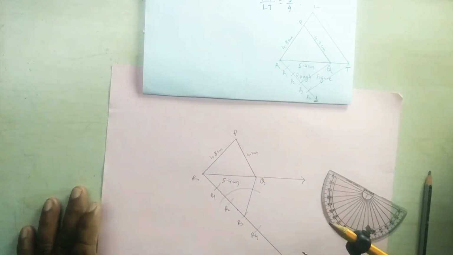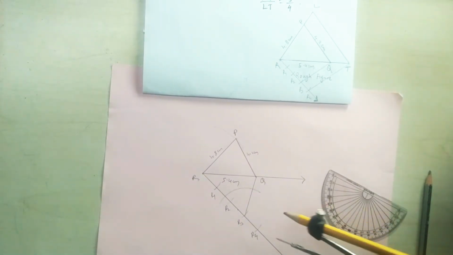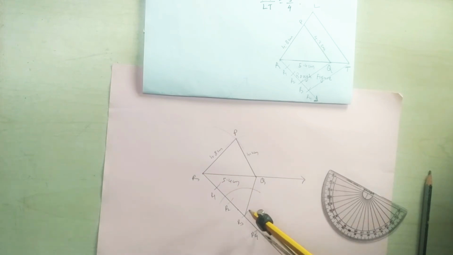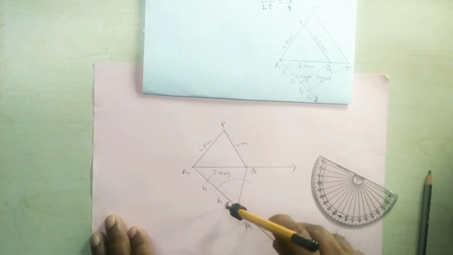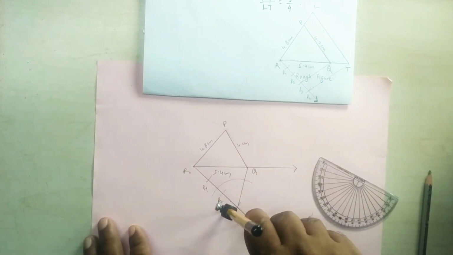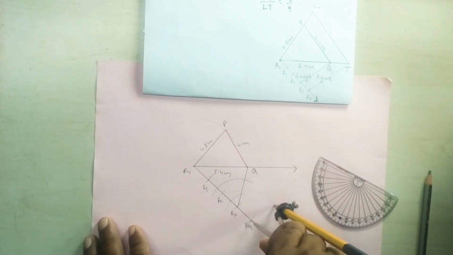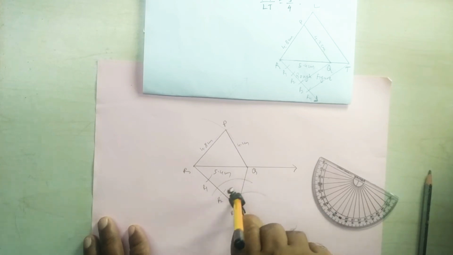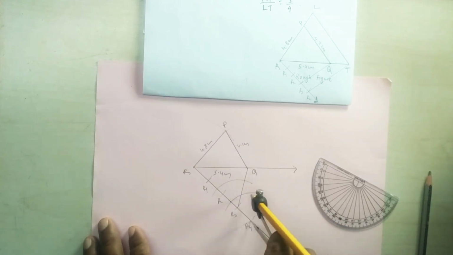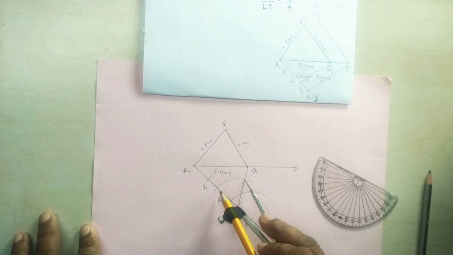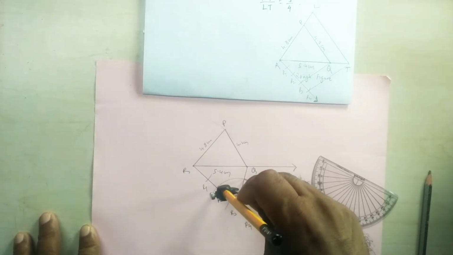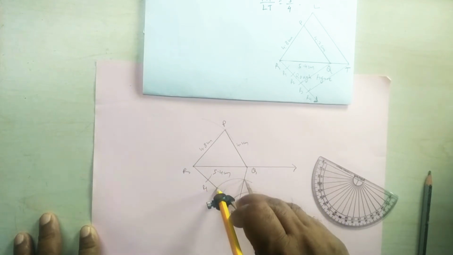Don't change the length in the compass, same distance. Keep the pointer at R4 and draw another arc of same length. Now take distance in the compass equivalent to where the arc is cutting, which we had drawn from R3.